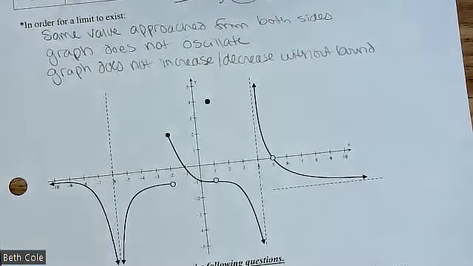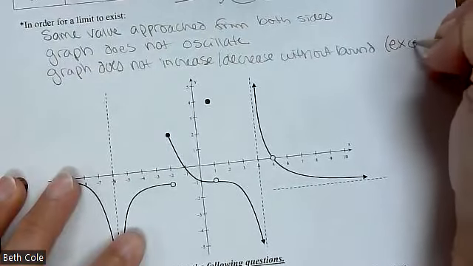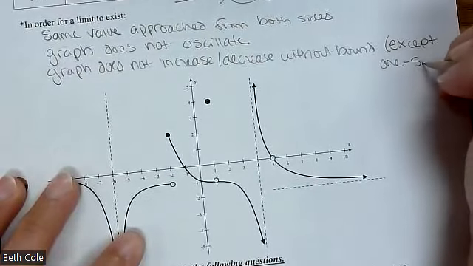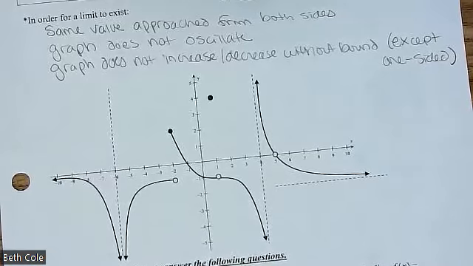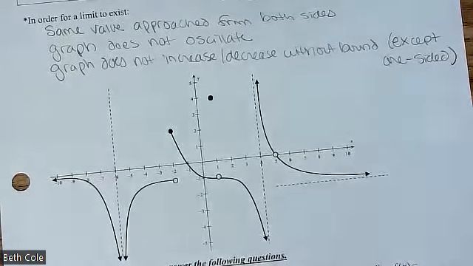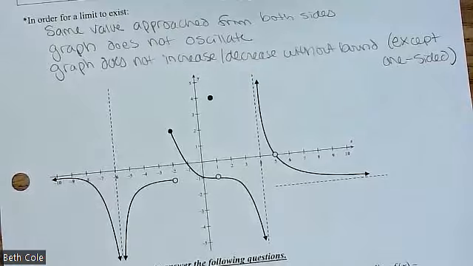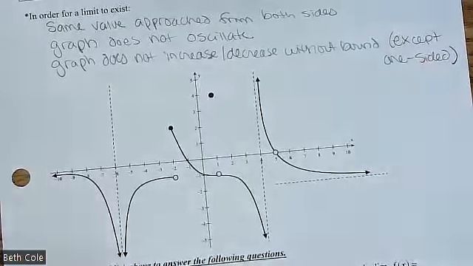Now, the one exception for that is one-sided. You can get infinity or negative infinity as an answer as long as it's one-sided. The reason you can't for both sided, even if both sides go up to infinity, they're never going to touch or meet. So you can only get infinity or negative infinity if it's one-sided.